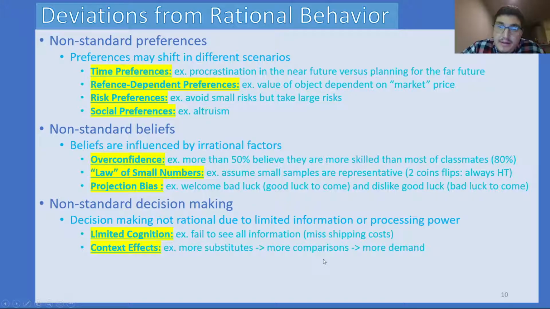There's context effects, which says that, the more substitutes I have for a good, if I go to a store and I have, let's say, Cheerios on the shelf there. The question here is, am I going to buy Cheerios more often when there's the alternative, Honey Nut Cheerios, or less often?